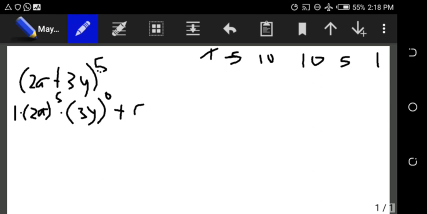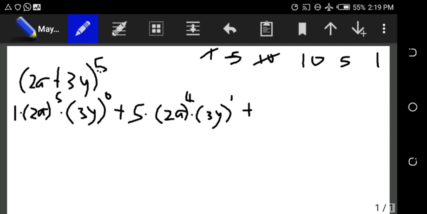We'll take away 5 now. So we have 5 times our first term, which is still (2a), but now the power has reduced to 4, so we have 4 times our (3y), and the power has increased to 1, from 0 to 1. Alright, plus we'll go over to the next one, which is 10.